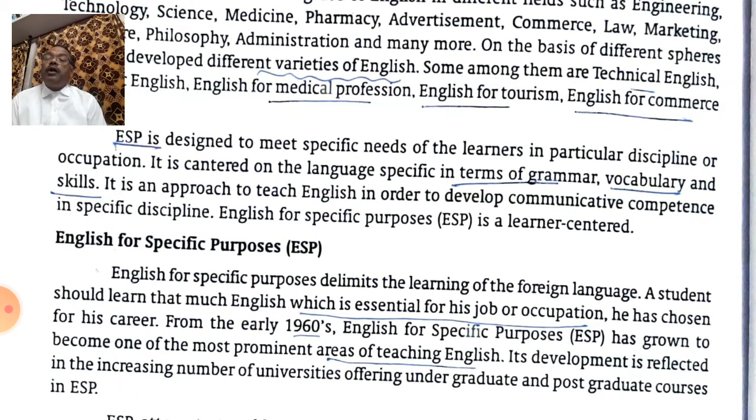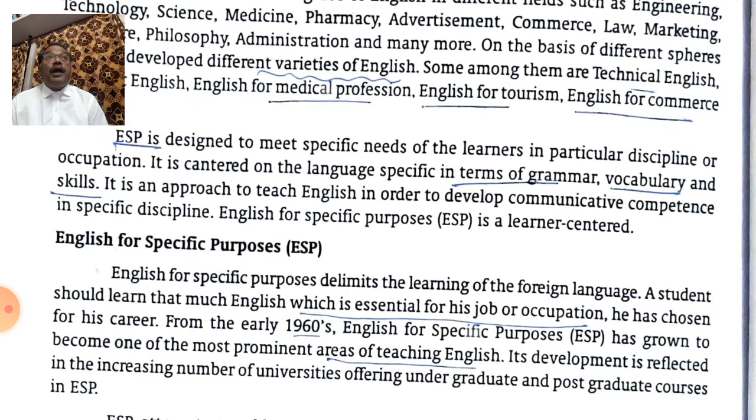English for specific purposes delimits the learning of the foreign language. A student should learn that much English which is essential for a job or occupation.